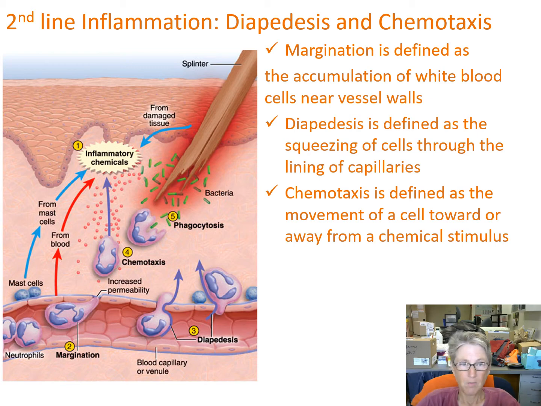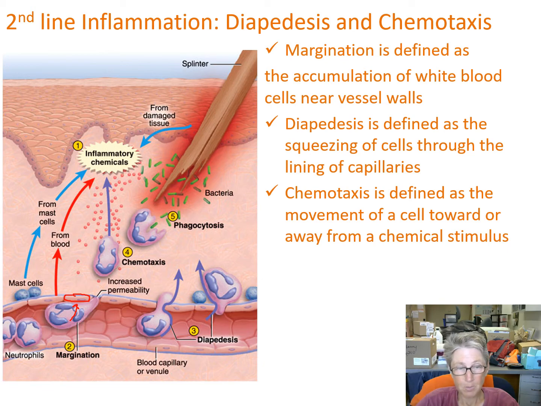So second line, inflammation, diapedesis, and chemotaxis, and I should say margination as well. We talked about this in the last video. These inflammatory chemicals will make these endothelial cells sticky. Neutrophils, in this cartoon, will stick to the endothelial cells. That's called margination. So you get the white blood cells to accumulate along the blood vessel wall.